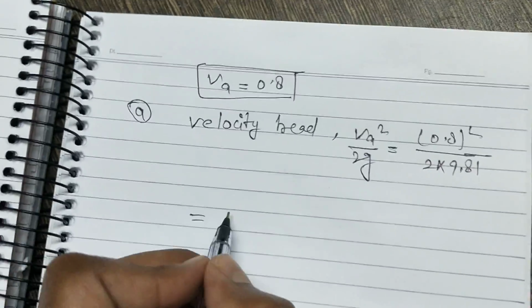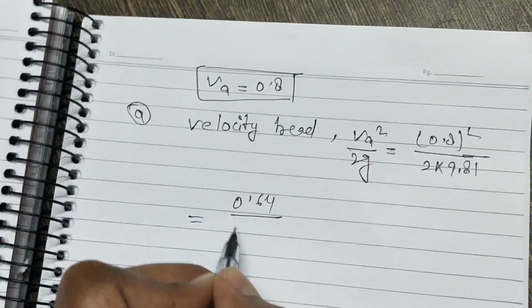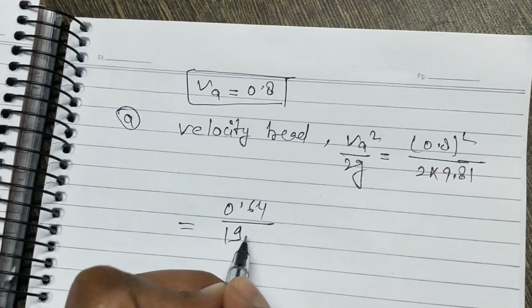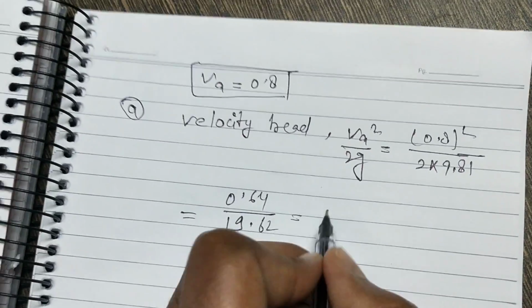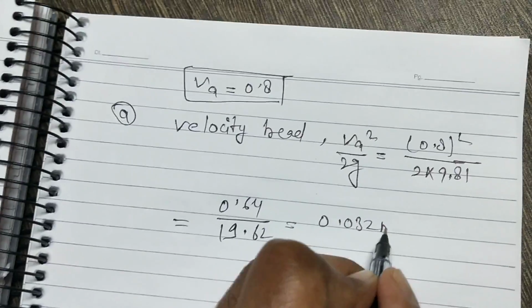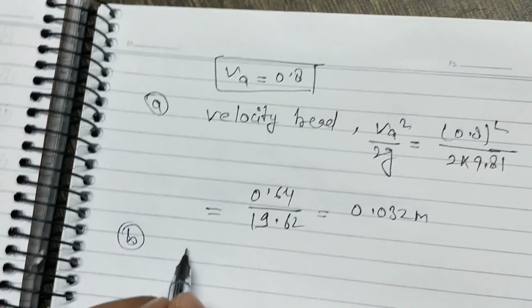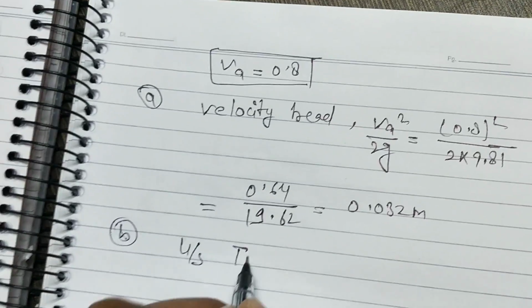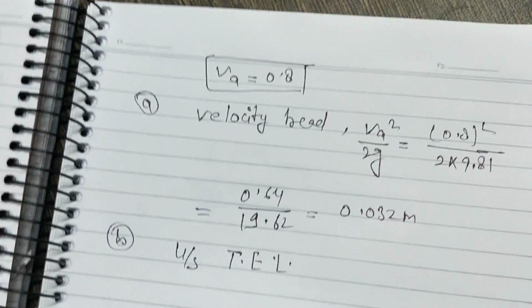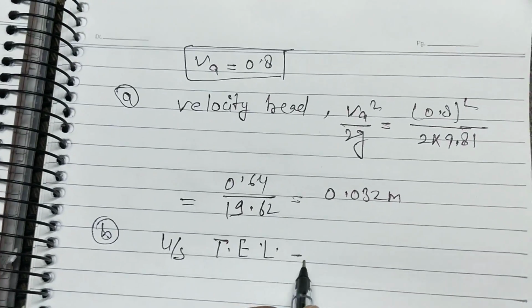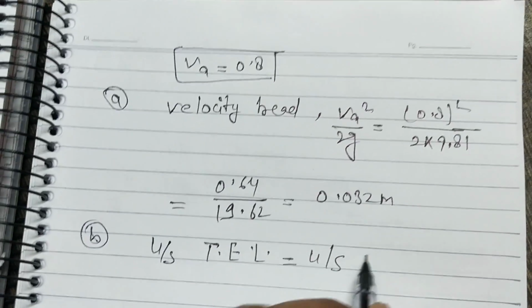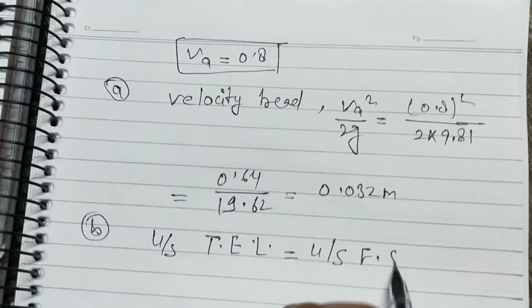By the calculation it will be 0.64 divided by 19.62, which is 0.032 meter. Step two part B, upstream TEL. What is TEL? Total energy line, which we find by upstream FSL plus velocity head.